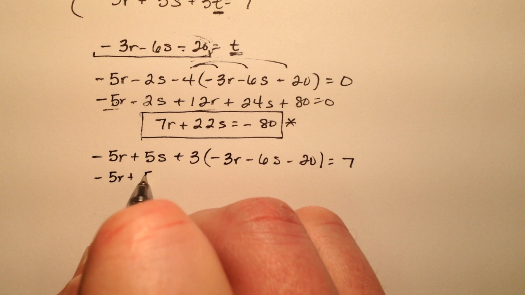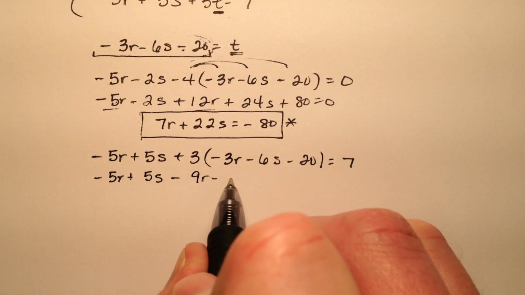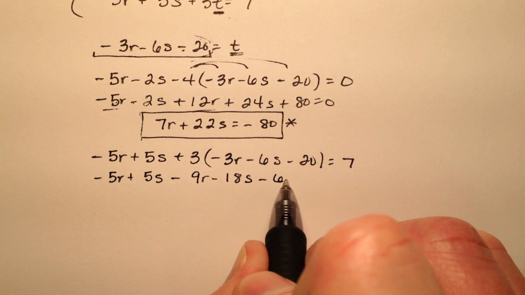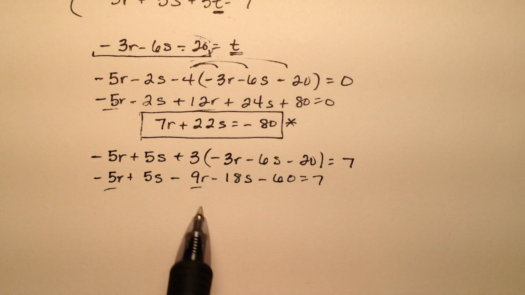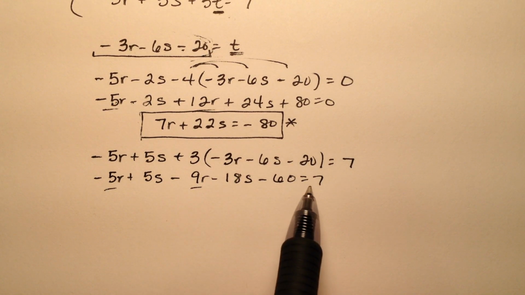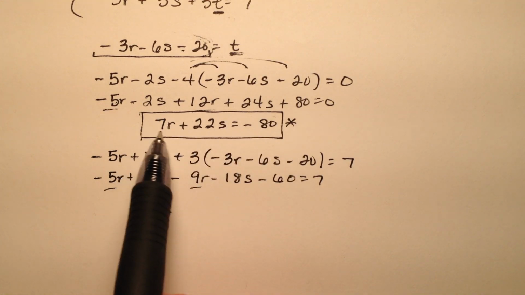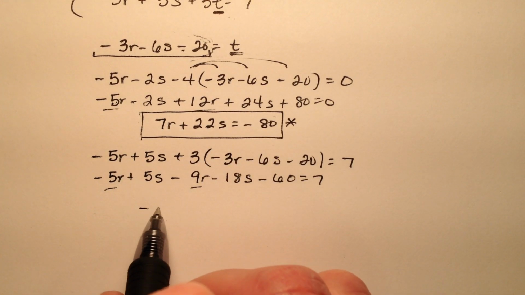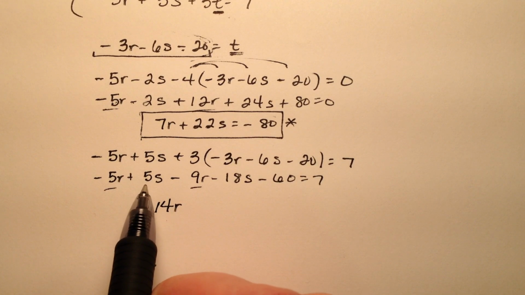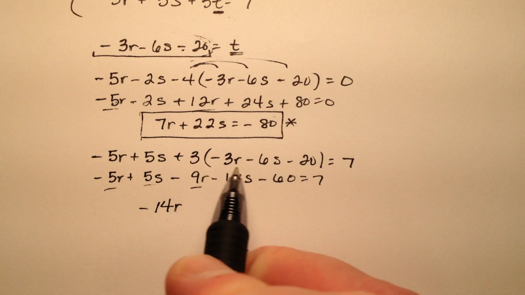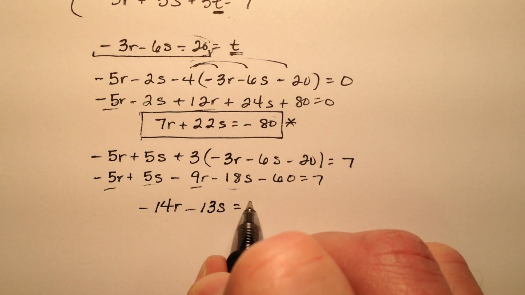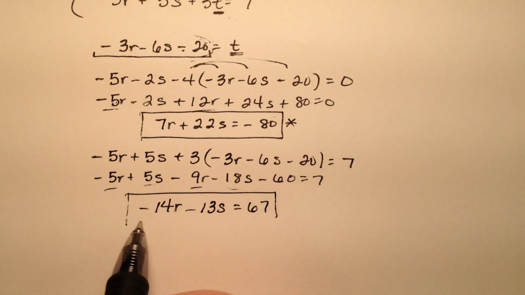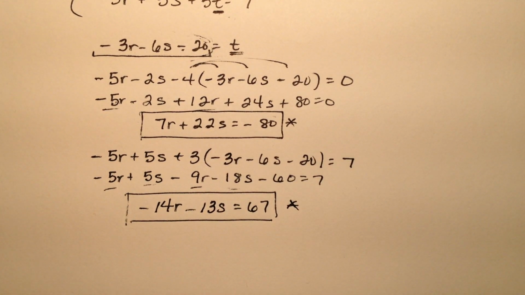So negative 5r plus 5s minus 9r minus 18s minus 60 equals 7. Let's once again put it in standard form with the r and the s on the left side and my constant on the right side, so it'll be in the same form as this other equation. So I have negative 14r and then 5s and negative 18s will be negative 13s, and that's going to equal 67. So here I have 2 equations.